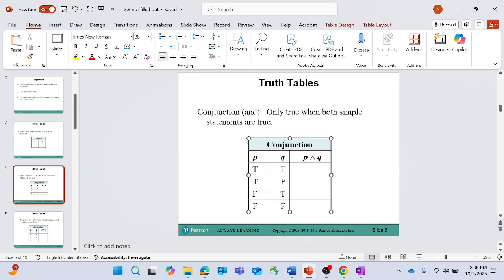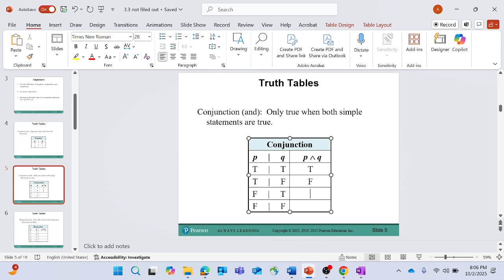So that first row of true and true, that's going to be true, because P and Q are both true. It's an and statement. P and Q. Right? So that statement is only true when both are true. So if P is true and Q is false, that's going to be false.